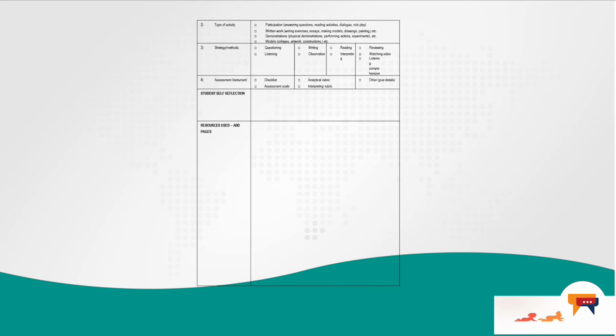Type of activity. You must indicate, was it participation? Was it written work? Was it demonstrations? Were you using models like collage, artwork, or construction? Which strategy did you use when you were assessing or teaching?